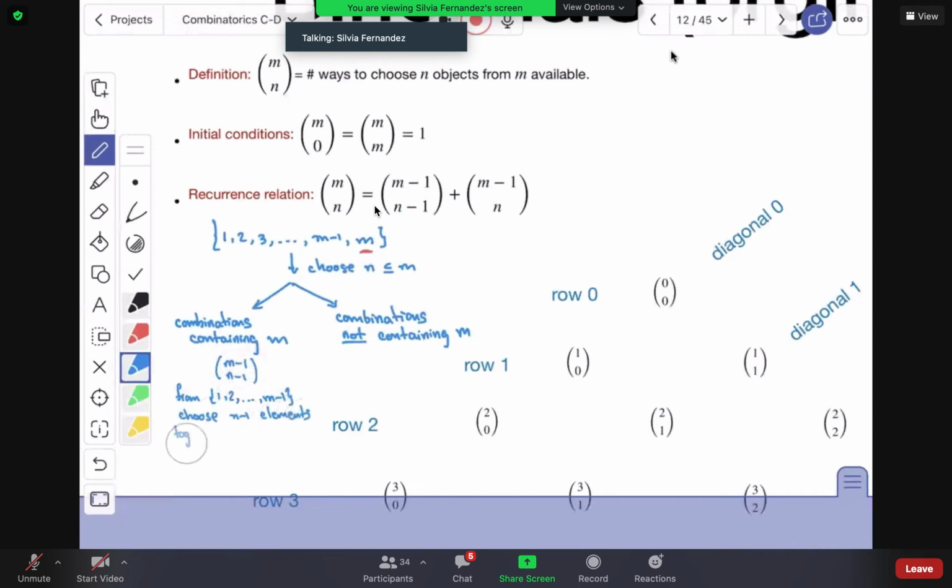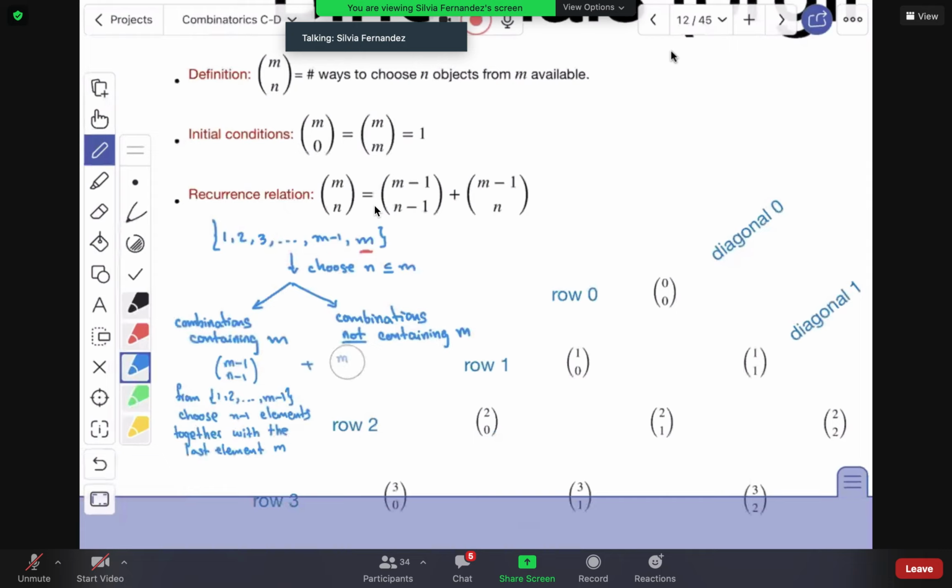Together with m, you get your subset, with the last element. That's how you get your n elements, right? And the other combinations are those that do not contain m.